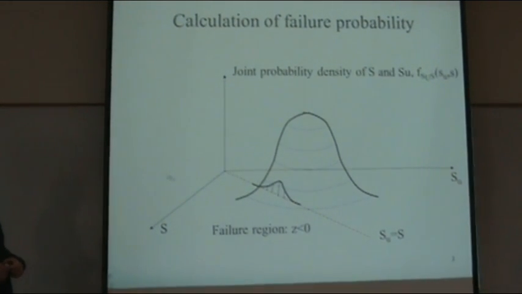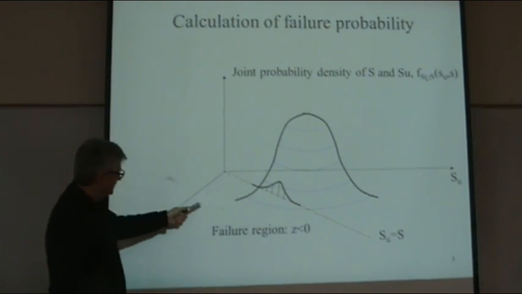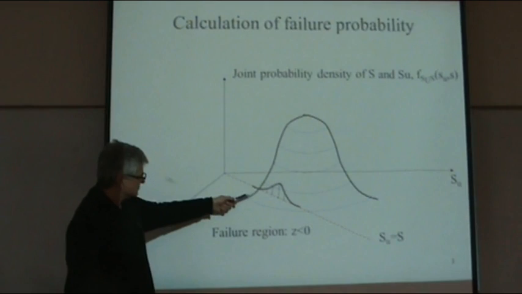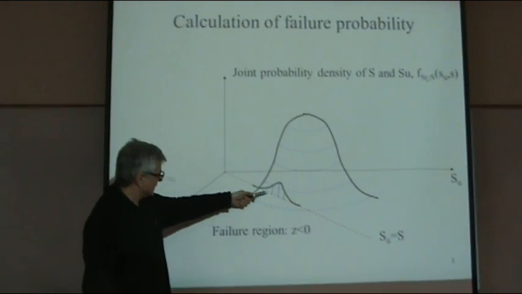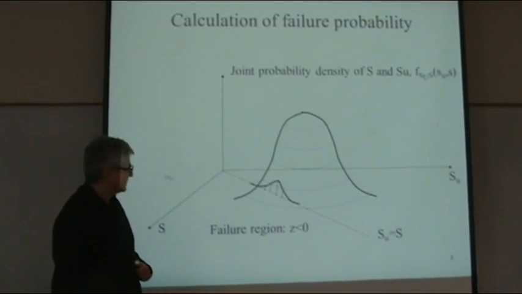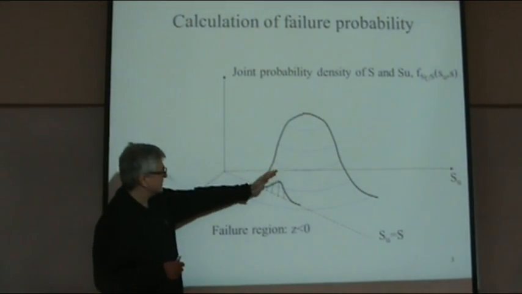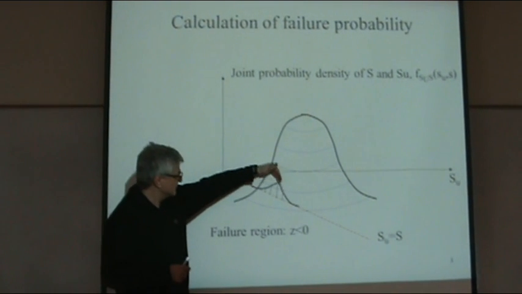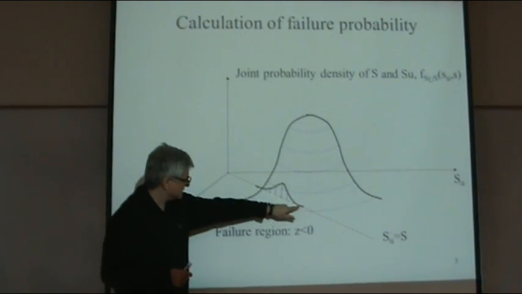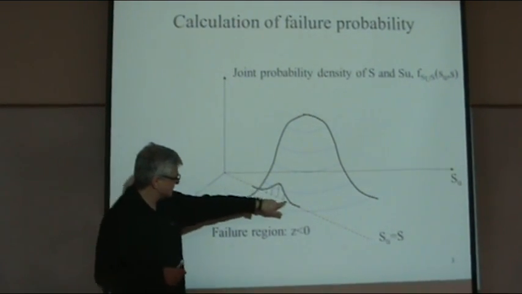So you want the probability that you will have a combination of values of strength and stress in this failure region. This probability is a volume, the portion of the volume under this curve that is in the failure region.